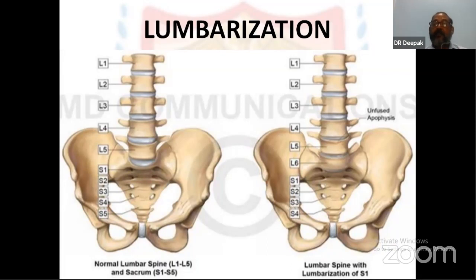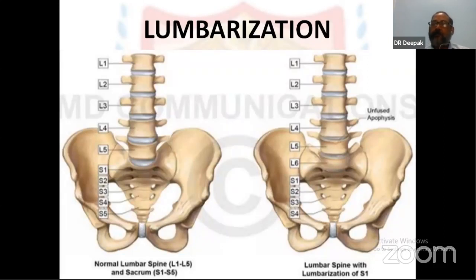So this is lumbarization. This lumbarization and sacralization is very important in the treatment part when you are giving mobilization or manipulation for the SI joint or lumbar joint for any pain, whether it is low back ache or SI joint dysfunction.